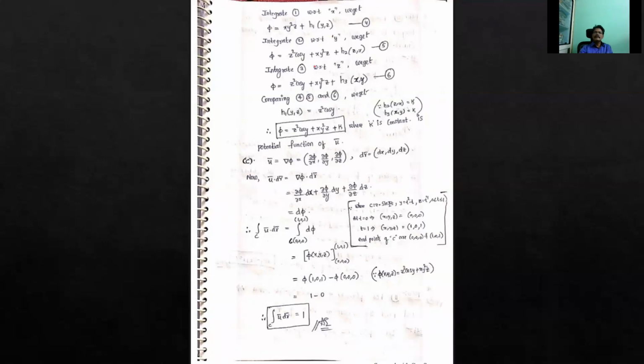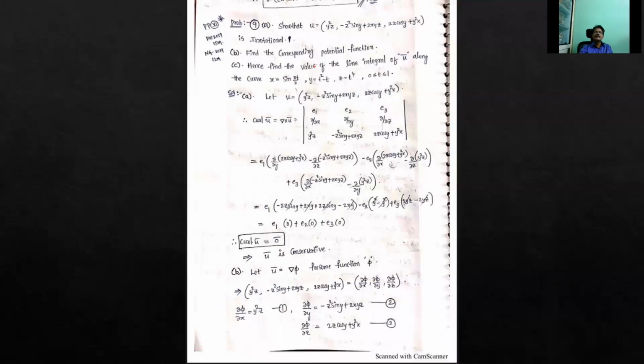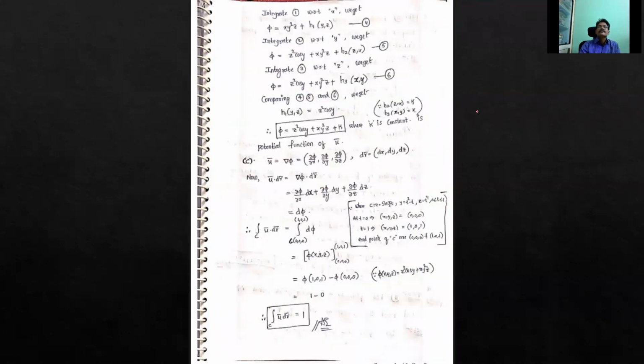The second one, integrated with respect to y: the integral of −sin y is cos y, and for 2xyz with respect to y we get y²/2, so xy²z. Finally, the second one gives z² cos y plus xy²z plus h2(z, x), because the integral of −sin y is cos y, and for 2y, y²/2, the 2 cancels.